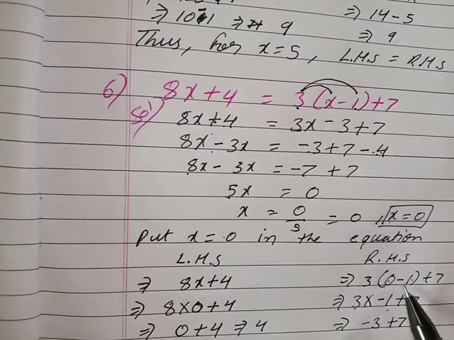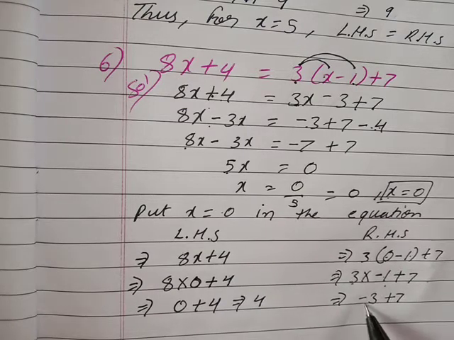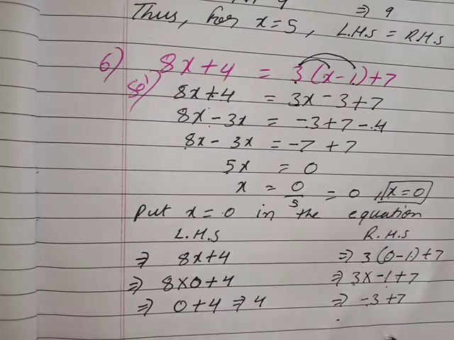Here 1 is the additive identity. We already learned that whenever we add or subtract 0 to any number, we always get the same number. 0 is the additive identity, not 1. 1 is the multiplicative identity. So 3 into minus 1 is minus 3, plus 7.